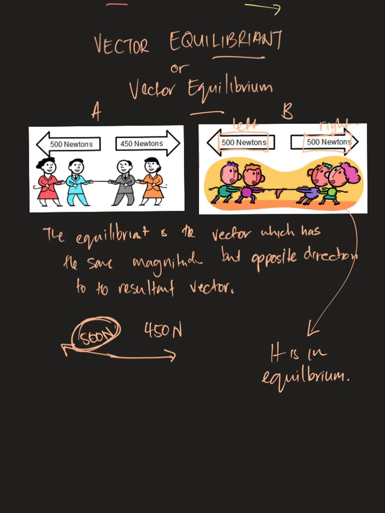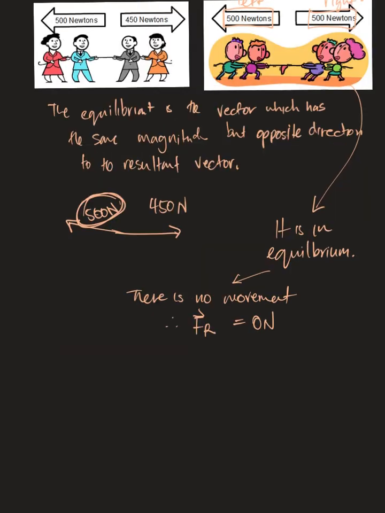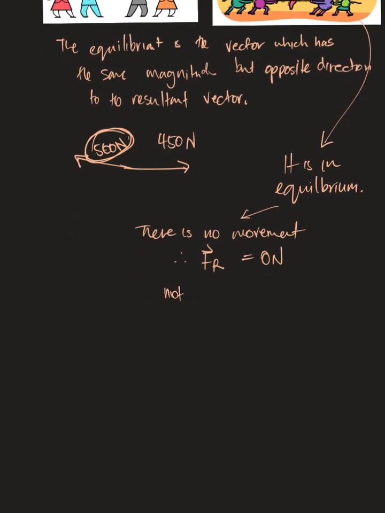If they cancel each other out and something is in equilibrium, we say there is no movement. If there's no movement, we can say the resultant force, Fr, is equal to 0 newtons. That means it's not moving left and it's not going to move to the right. So we can say therefore the system is stationary.